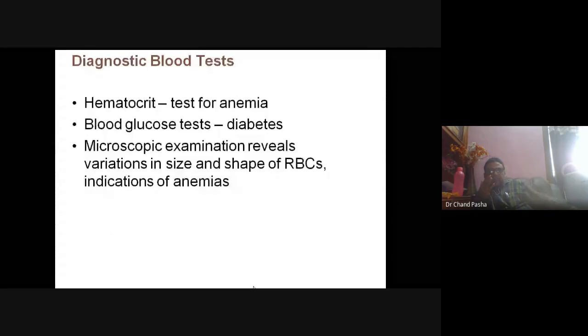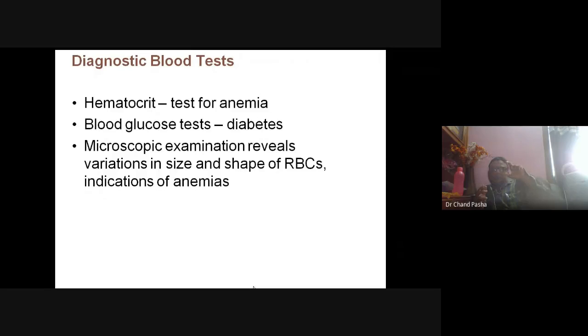And diagnostic blood tests. Hematocrit: after centrifugation, the RBC area, how much percent RBC is packed, is called the hematocrit. Test for anemia, and blood glucose test for diabetes. Microscopic examination reveals variations in size and shape of RBC, which indicates anemia.